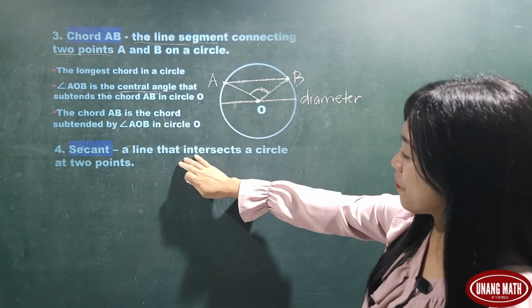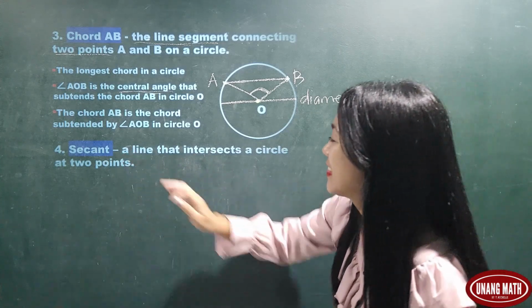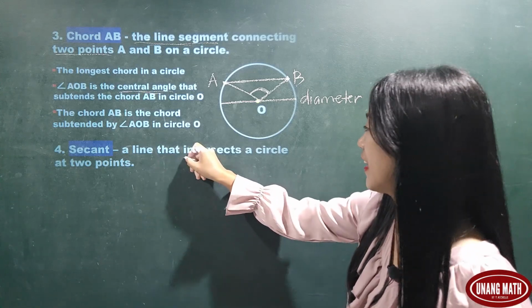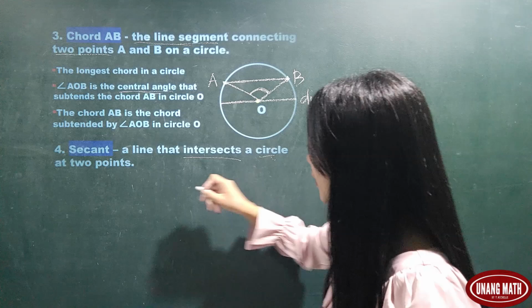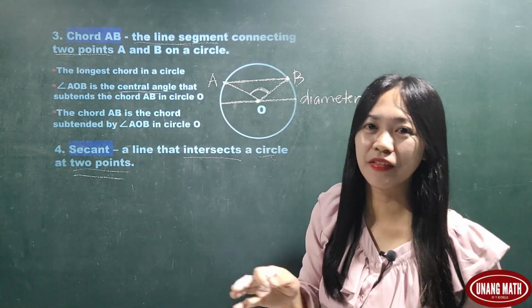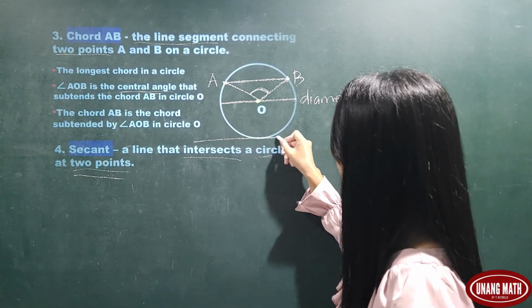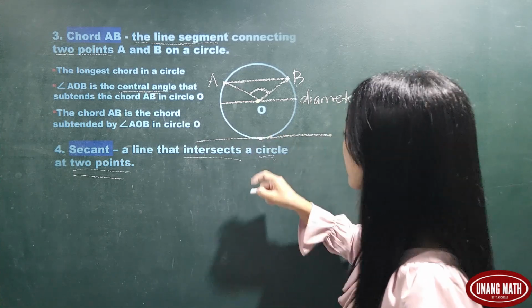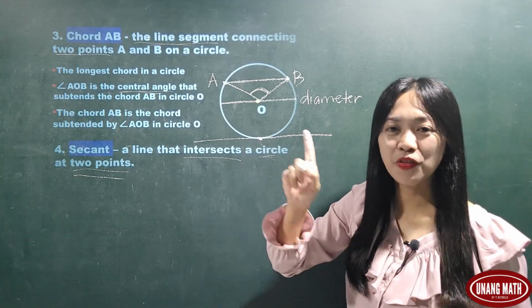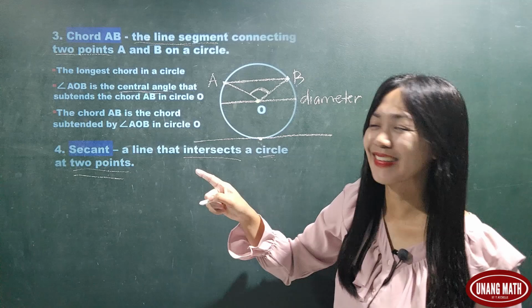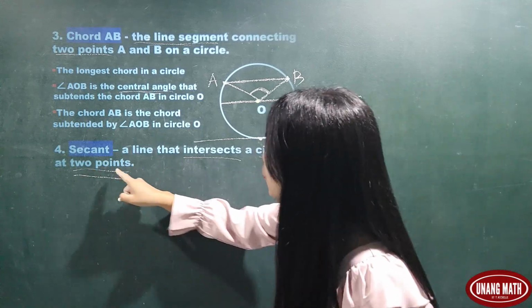Okay, this time, the fourth term is secant. When we say secant, this is a line that intersects circle at 2 points. Okay, if this line intersects the circle at this point, the intersection point is only 1 point. So we cannot call this line secant. Okay, it should be 2 points.